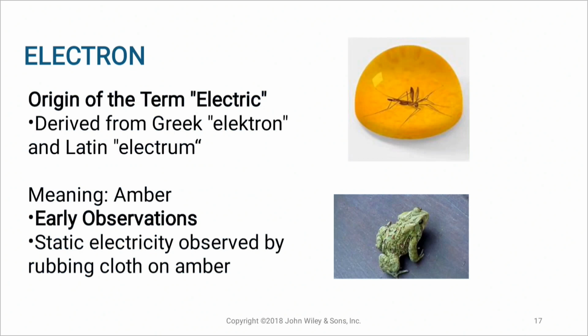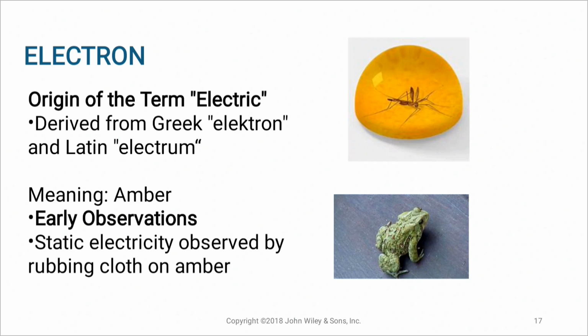Before, in the early observation of the electron, the term electron was derived from the Greek word electron and from the Latin word electrum, which means that electrons were discovered with the use of amber.